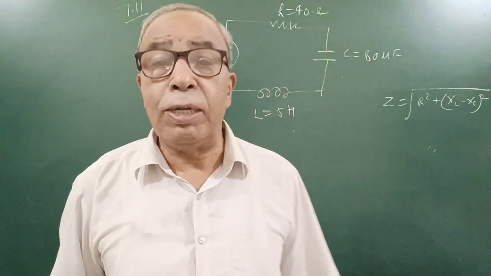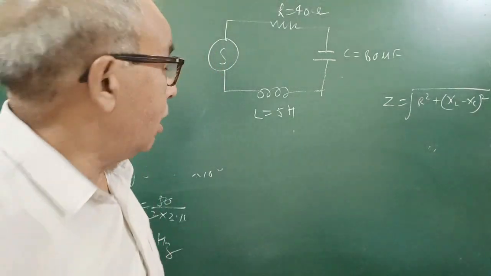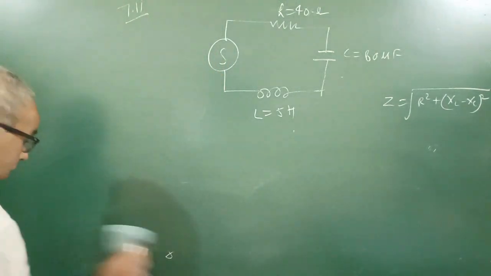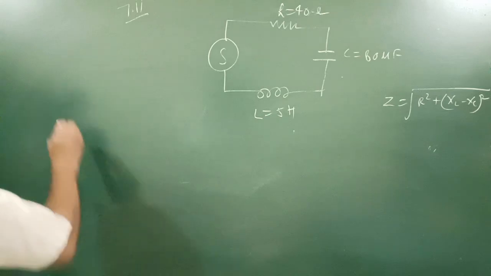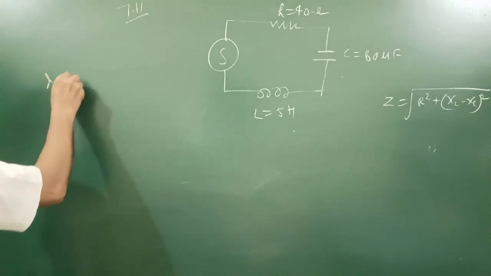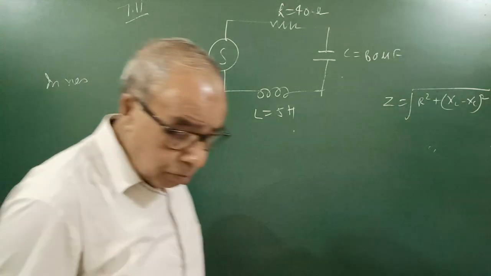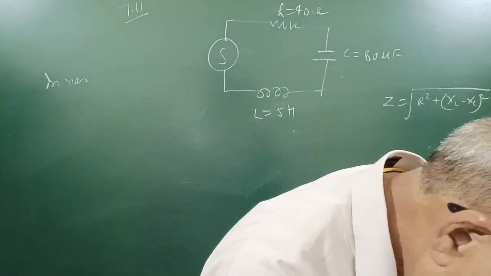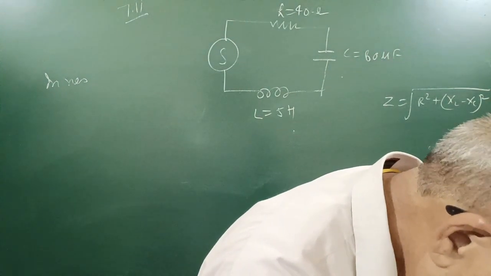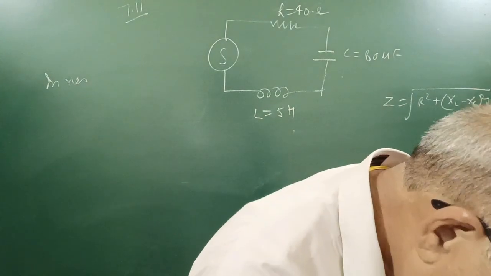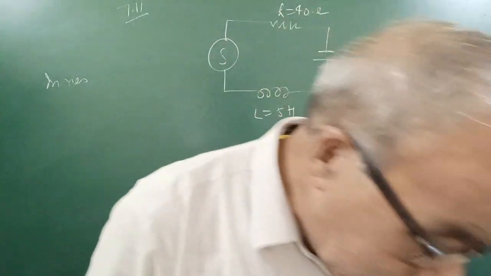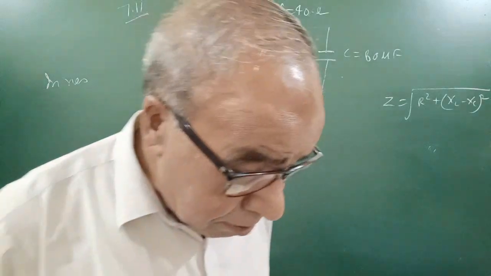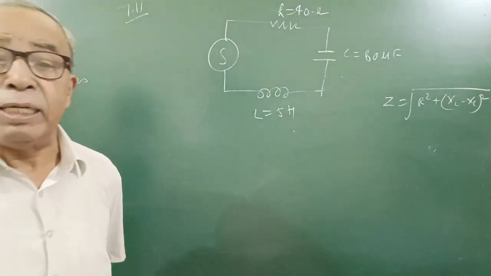But we should remember we can write directly in the resonance condition Z is equal to R. Simply write in a resonance condition. This is what was asked: obtain the impedance of the circuit and the amplitude of current at the resonating frequency.